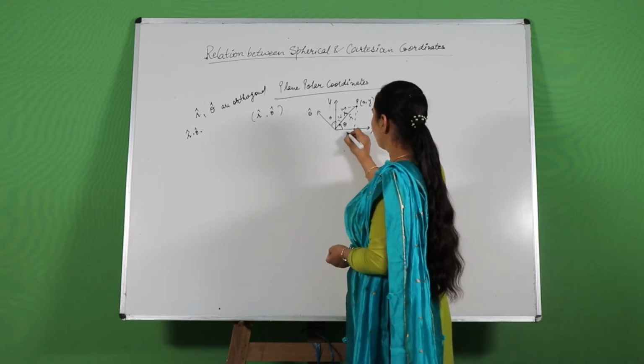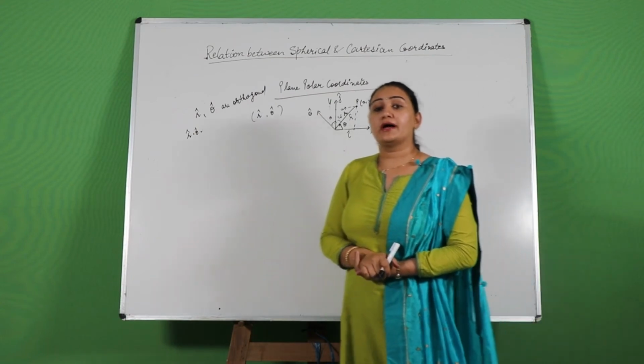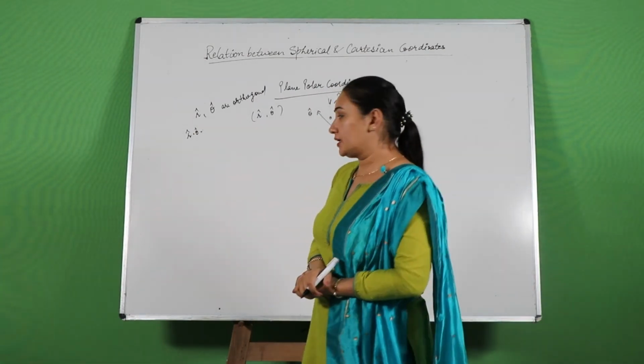Now here is your i cap, here is your j cap. Now you want to find the unit vector r cap.